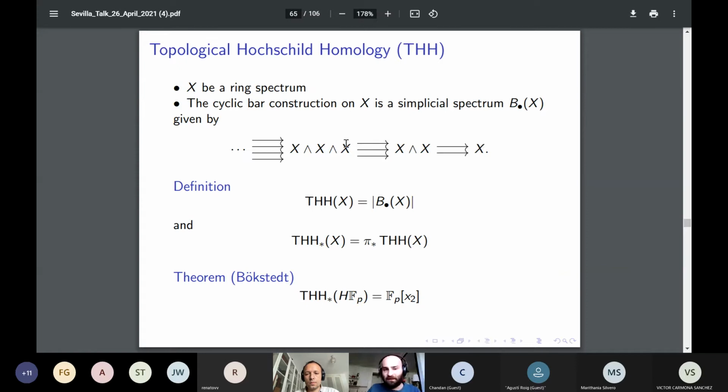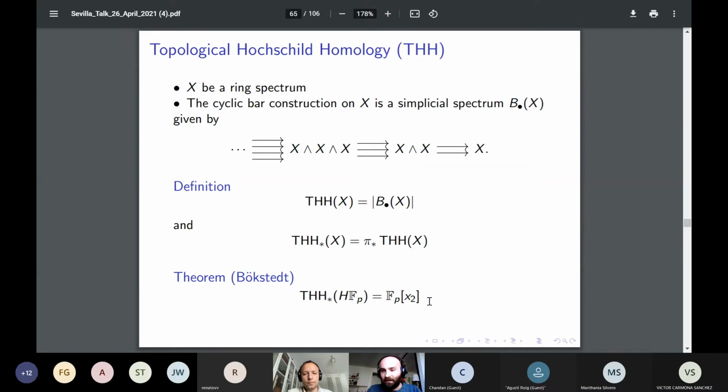And all these smash products give you really huge results in general. But kind of magically, these THH groups turn out to be really simple. And that's why this theorem is one of the important results in trace methods.